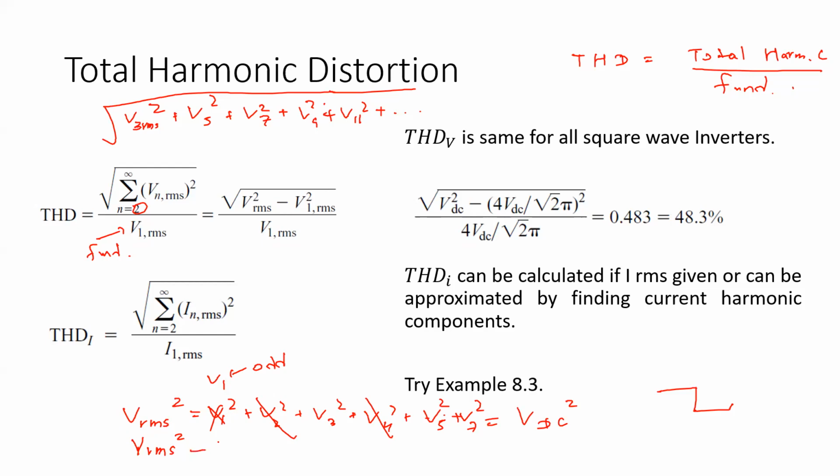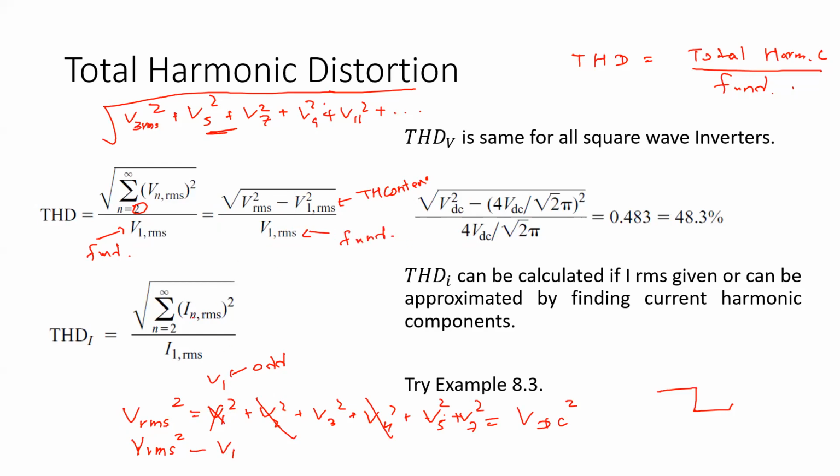So we remove V1 from this expression, and then you end up with this part. That's how we come across this equation: square root of V RMS squared minus V1 RMS squared, over V1 RMS. This gives the total harmonic content, and this is the fundamental.